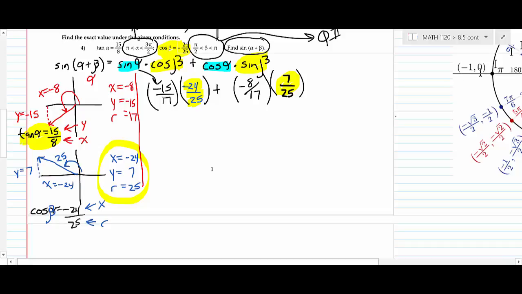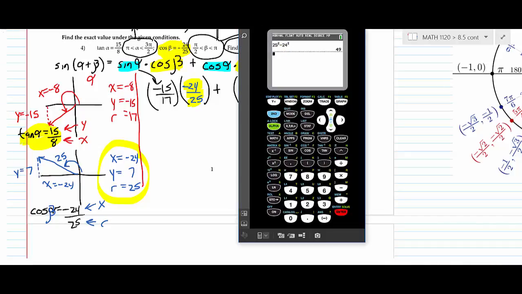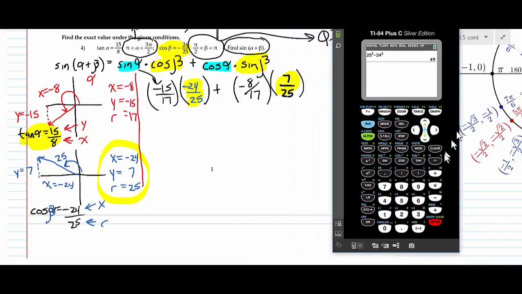Okay. Now what I'm going to do now is these are pretty big numbers, so I'll just go through and do my calculator. So if I do 15 times 24, okay, that's going to give 360. So I'm multiplying that fraction straight across. Then if I do 17 times 25, okay, that's going to give 425, like that.